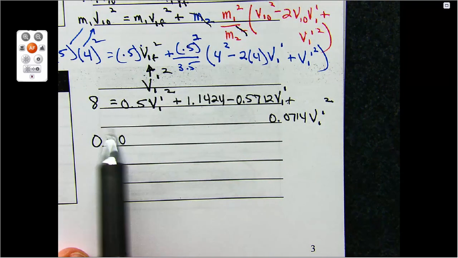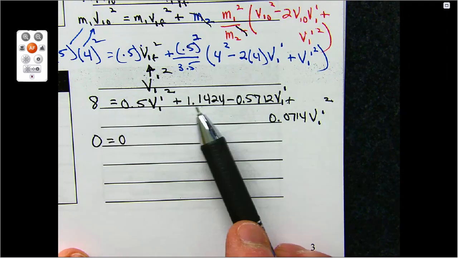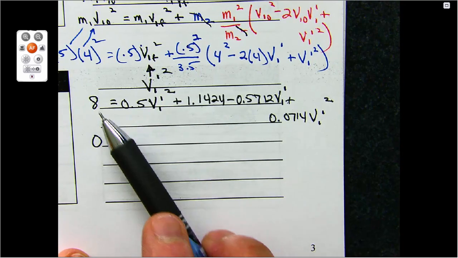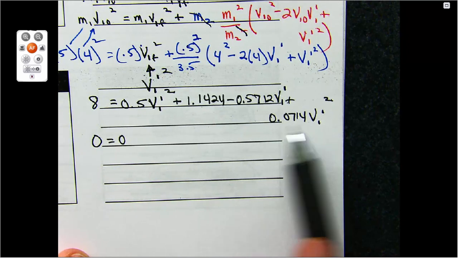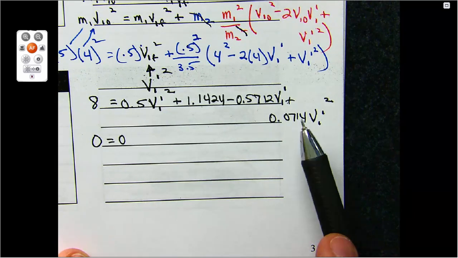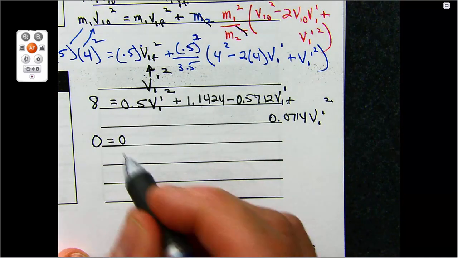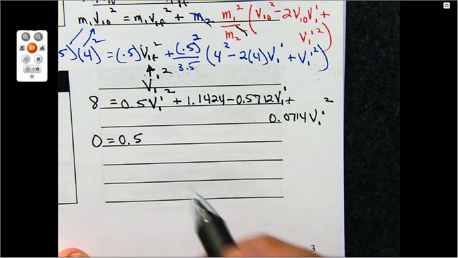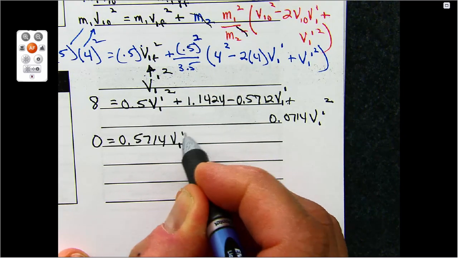If we combine all this, this is 8. This 8's going to come over and be negative, right? Okay, but let's put my V1 squared first, so it's going to look like this. This is going to be 0.5714 V1 prime squared.